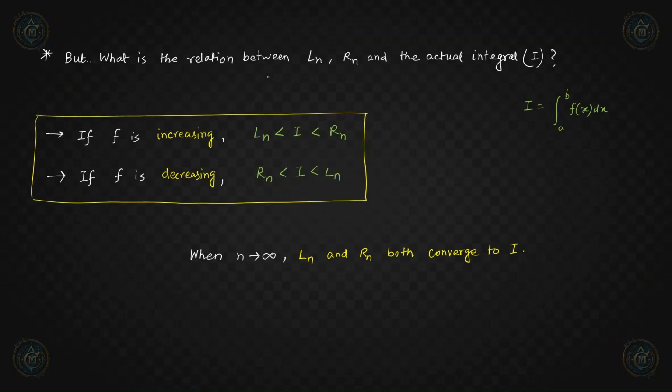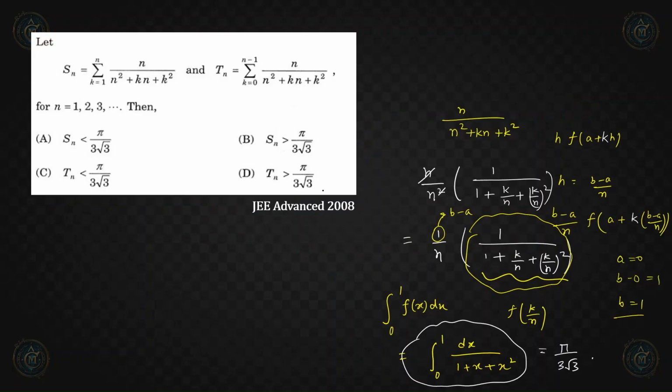By using these relations: if f is increasing, we can say Ln is less than I and less than Rn, and if f is decreasing, Rn is less than I which is less than Ln. So this Sn will be our Rn here and this Tn will be our Ln here. To compare them we have to simply check the nature of this function f of x.